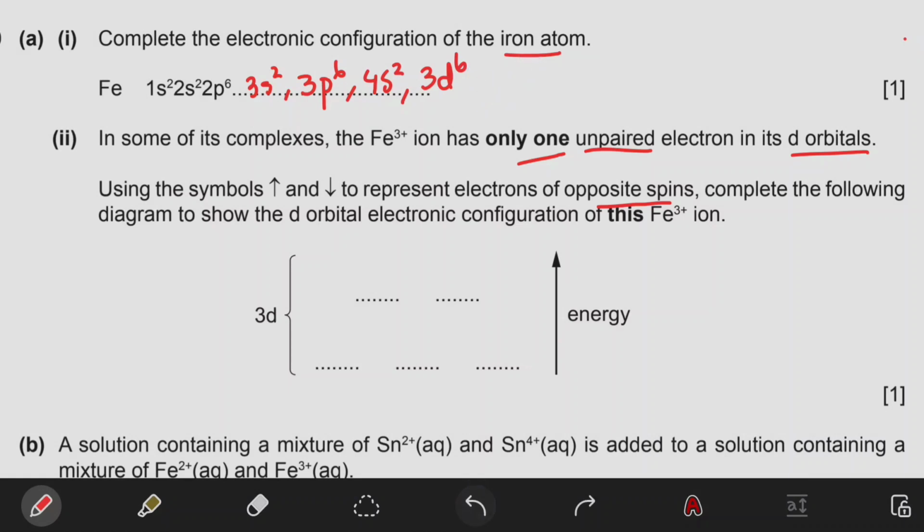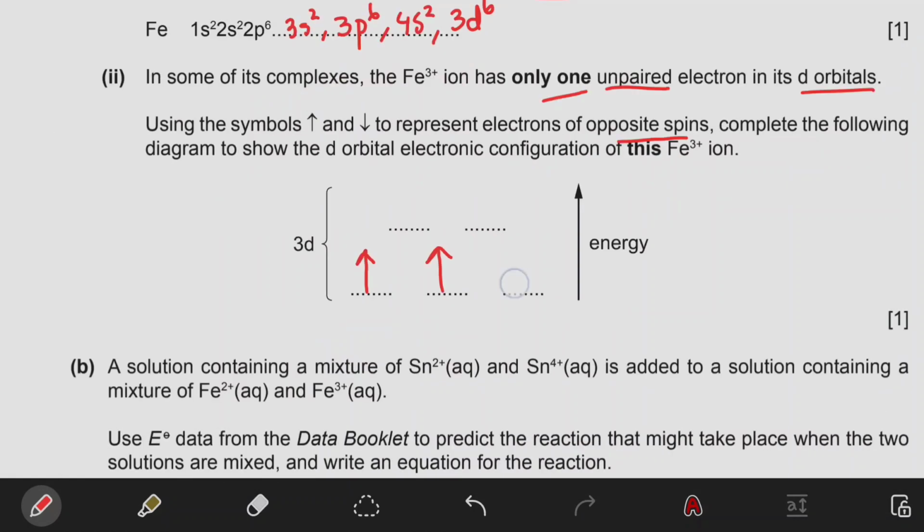So we know that since 4s is the orbital that is filled first, electrons would be removed from it first. So 2 from here, 1 from here, and then there are 5 electrons left in 3d orbital. So how can we make this? We'll start filling from lower energy first. First this. Three, 4, 5.